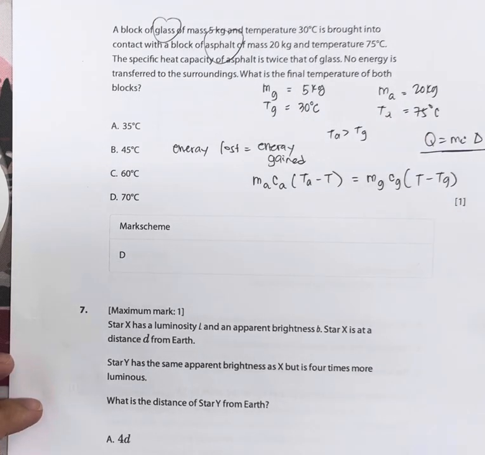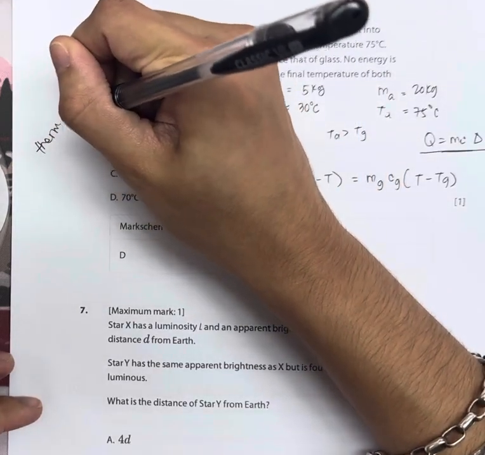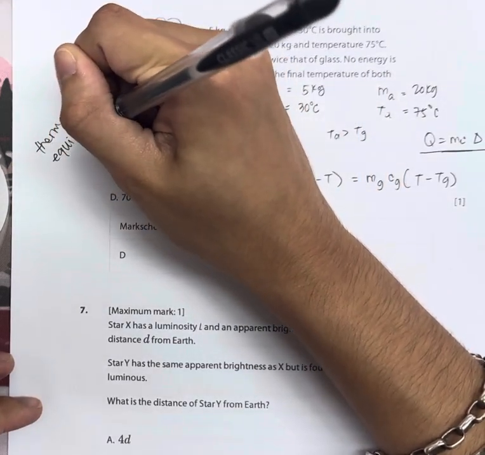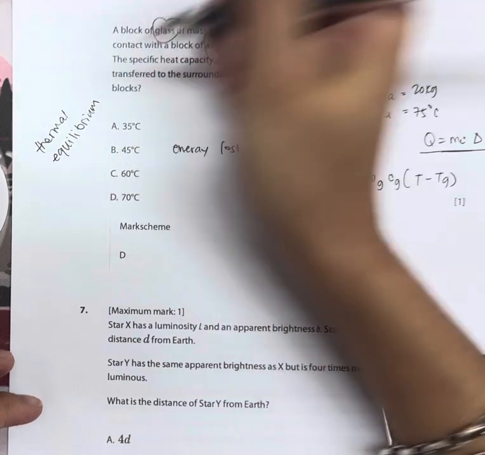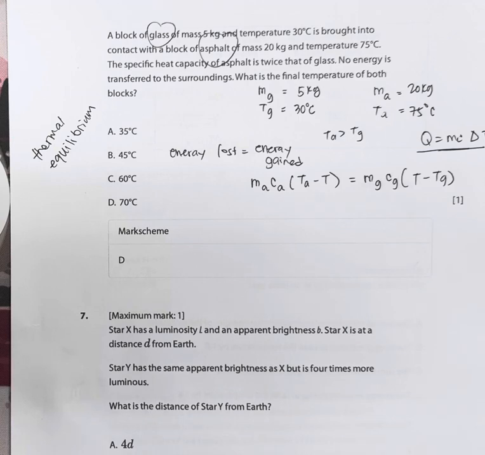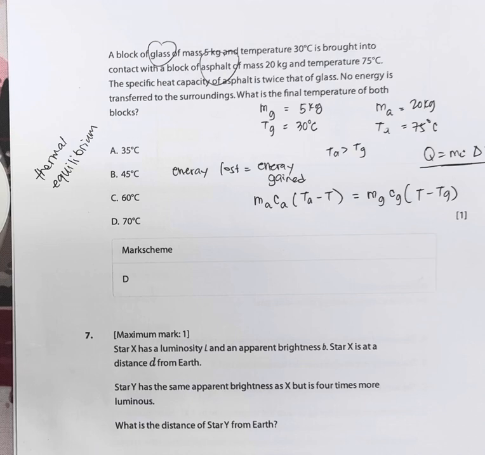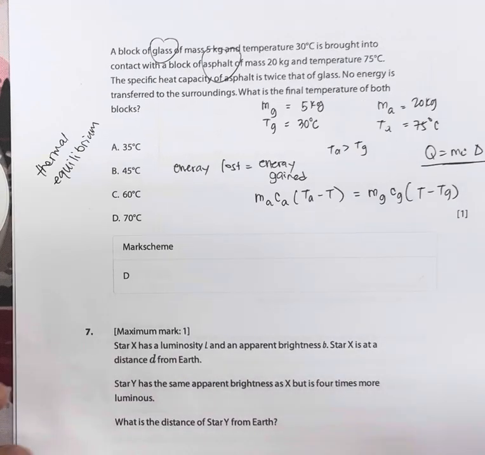In class, we talked about thermal equilibrium. So if I have two objects of different temperatures coming in contact with each other, eventually the two temperatures will kind of meet in the middle. So that means my higher temperature will decrease, it will get lower, and the lower temperature will increase.